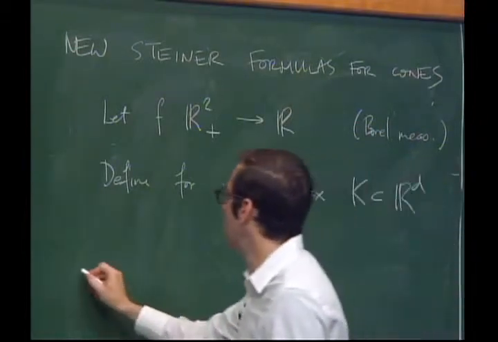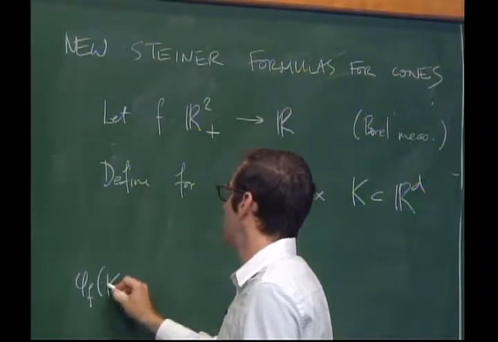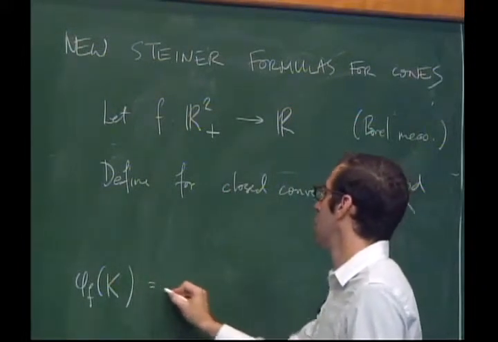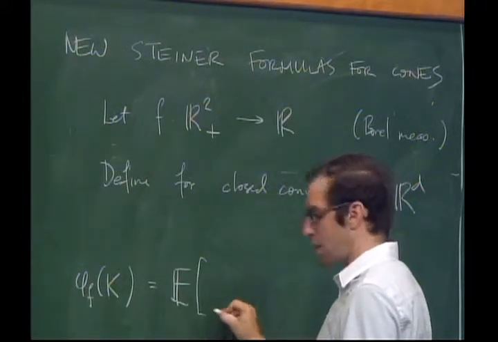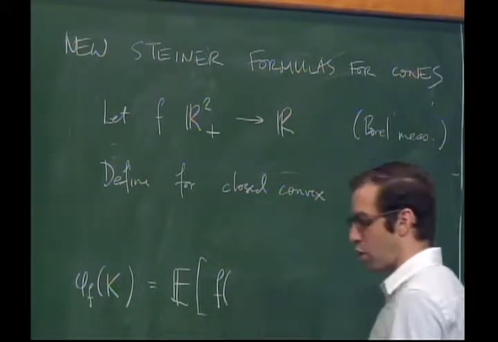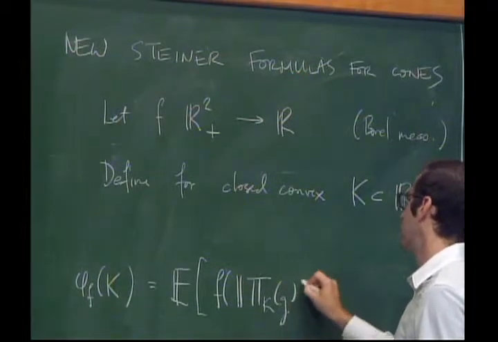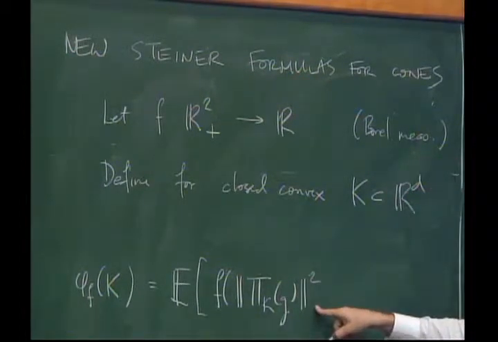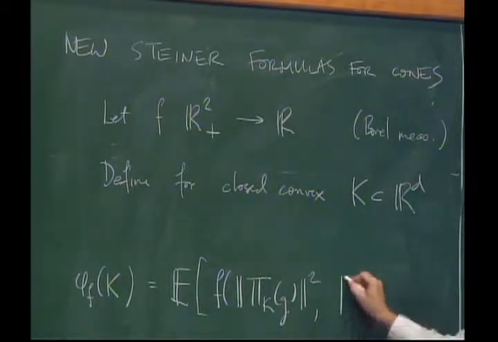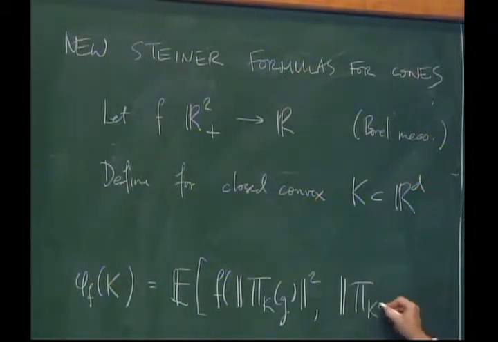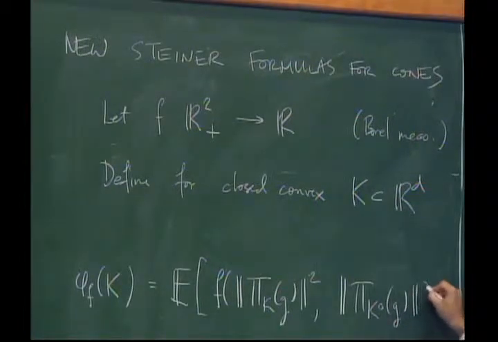The quantity phi of f, depending on the cone, is given by taking the expectation of this function applied to two random variables, one of which is the squared magnitude of the projection of a Gaussian vector onto the cone, and the second one is the squared magnitude of the projection of the same Gaussian onto the polar cone.